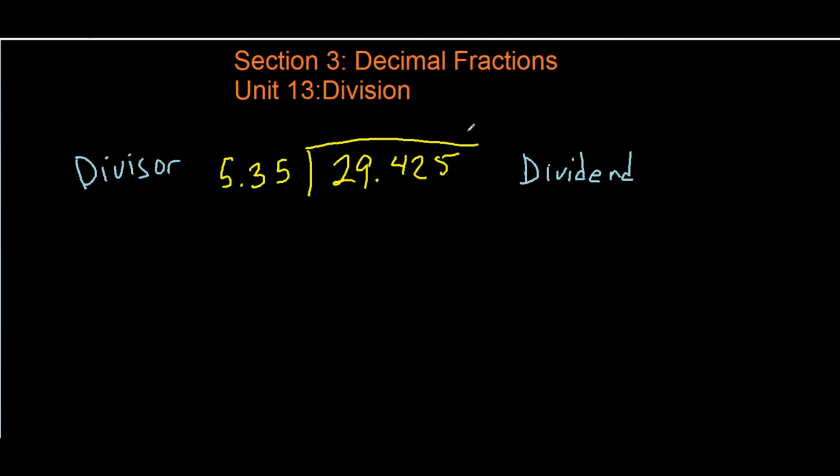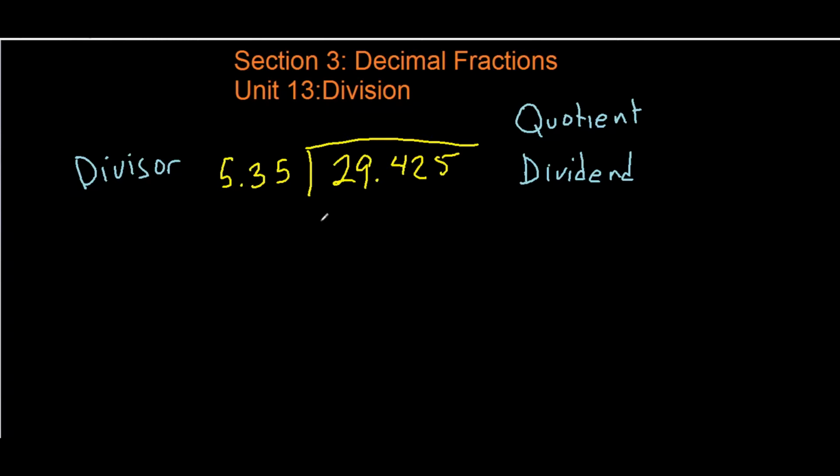And lastly, the number you're looking for, your answer to this question, is known as the quotient. I say this to make sure that you understand what's going on when I call them by the different names.